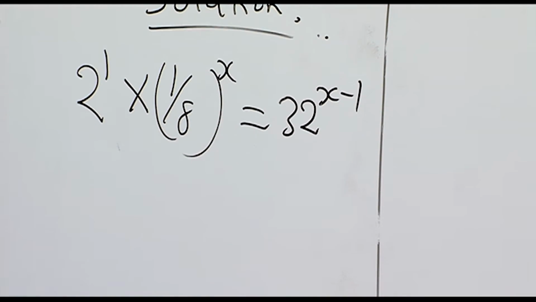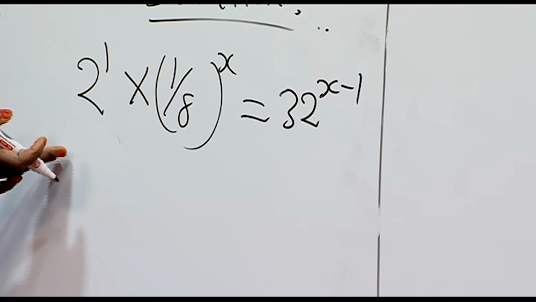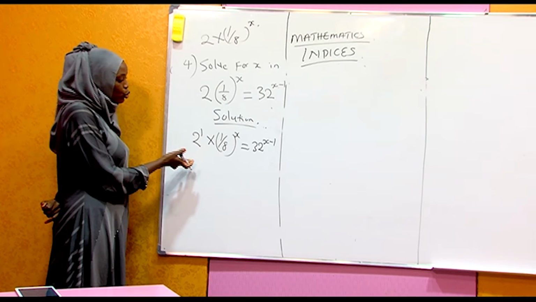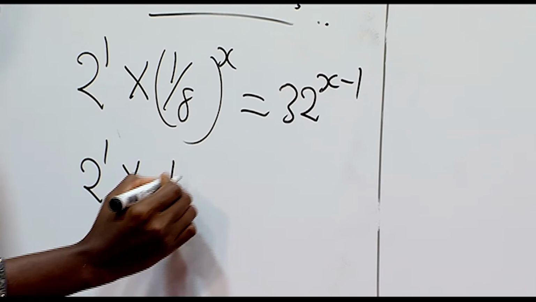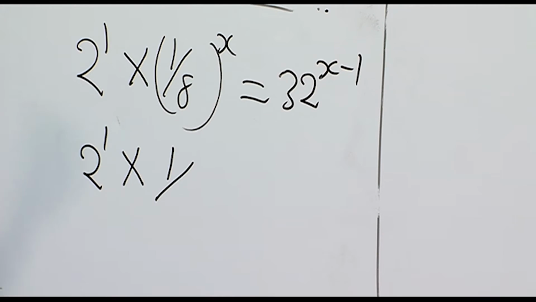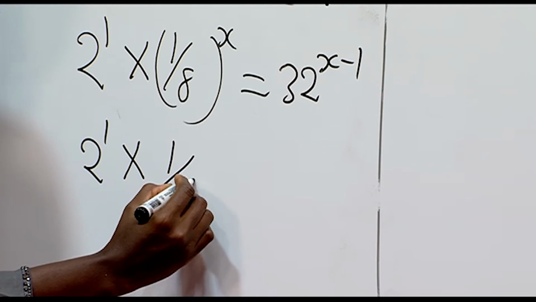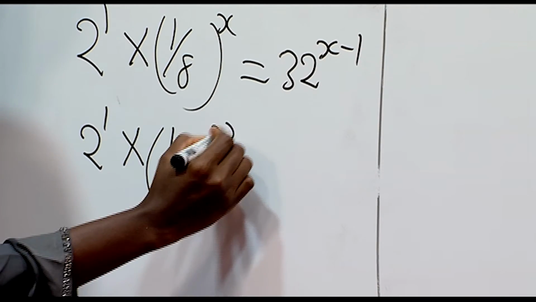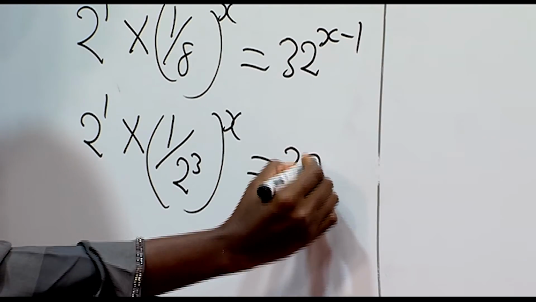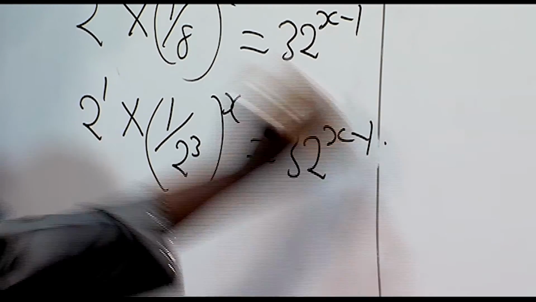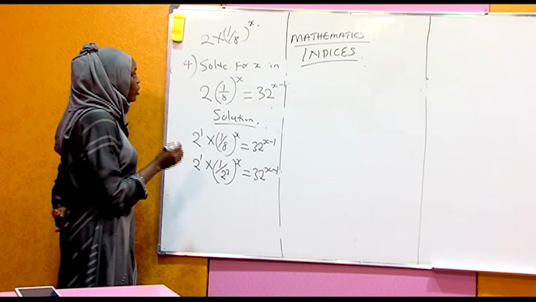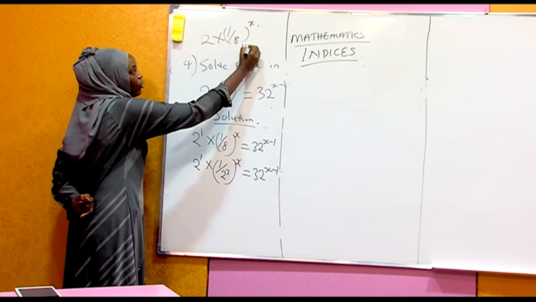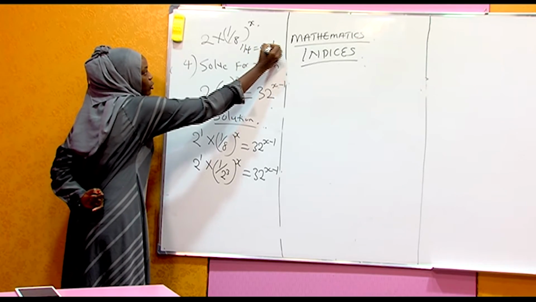We can simplify this 8 to a simpler base, which is base 2. So we have 2 raised to the power of 1 times 1 over 2 raised to the power of 3, all raised to the power of x, equals 32 raised to the power of x minus 1. Remember in the other question we solved, where we have 1 over 4 to be 4 raised to the power of minus 1.